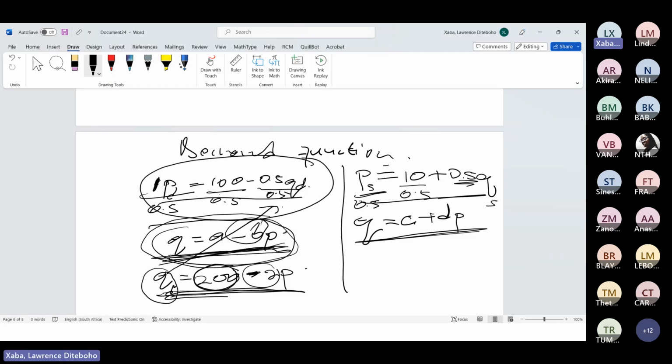When we divide, we end up having Q equals, then we say 10 divided by 0.5. We have 20. Then we have our P there.